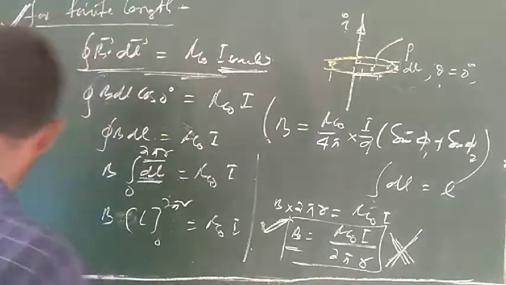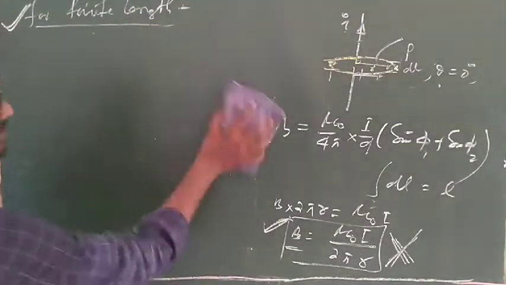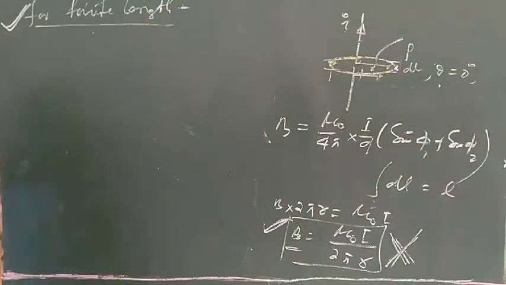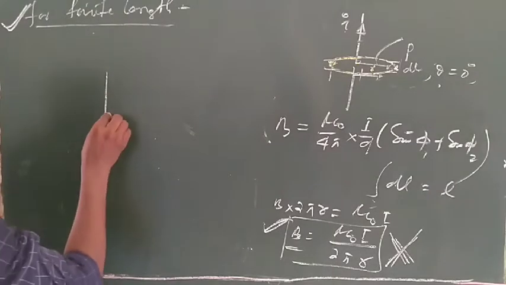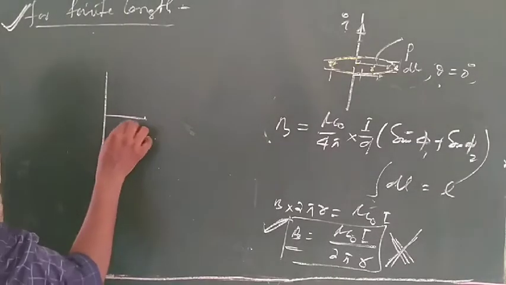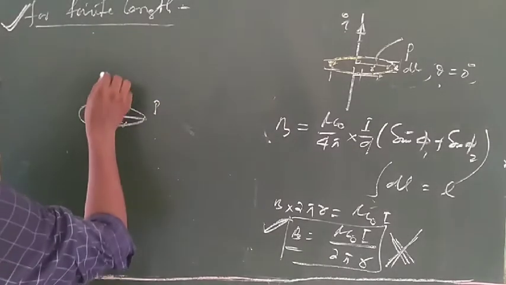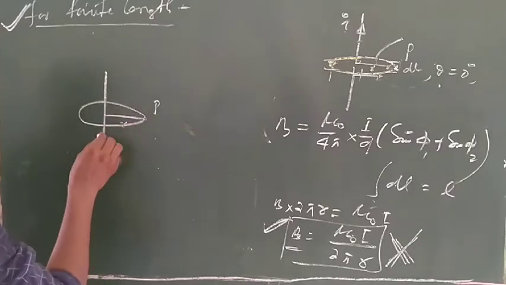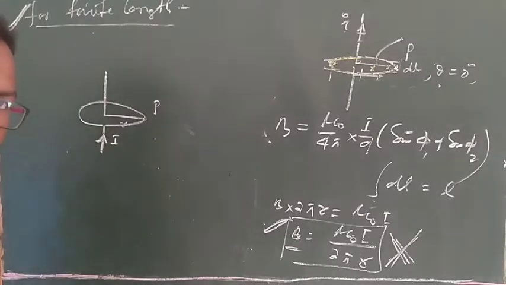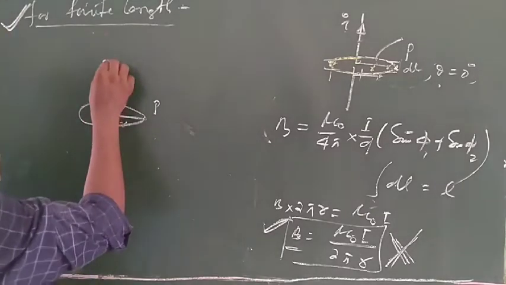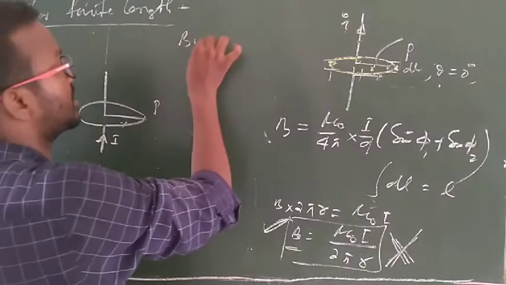So the correct statement: if this is a finite length and this distance is r, we have to find the magnetic field here. This is the direction of flow of current I. For infinite length, what is B dot dl?